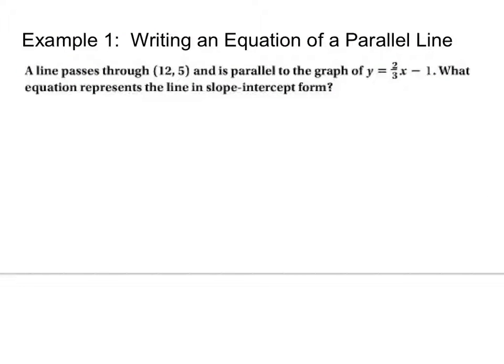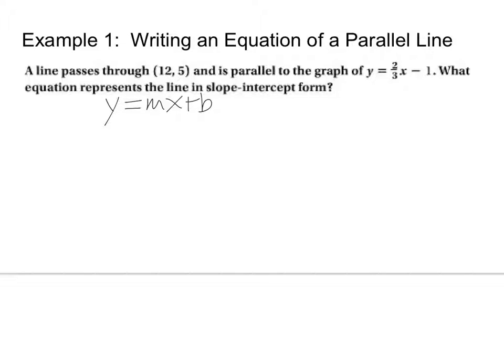Example 1, writing an equation of a parallel line. A line passes through (12, 5) and is parallel to the graph of y equals 2/3 x minus 1. What equation represents the line in slope-intercept form? So remember, slope-intercept form is y equals mx plus b.